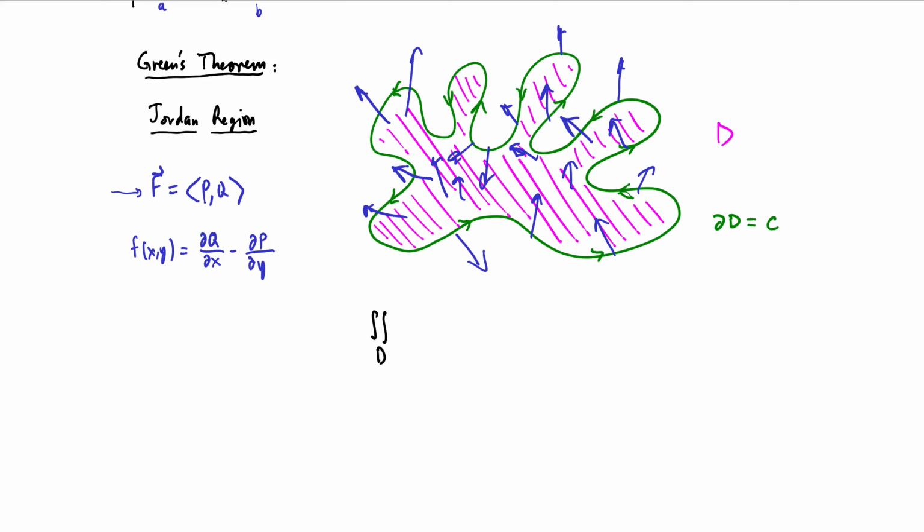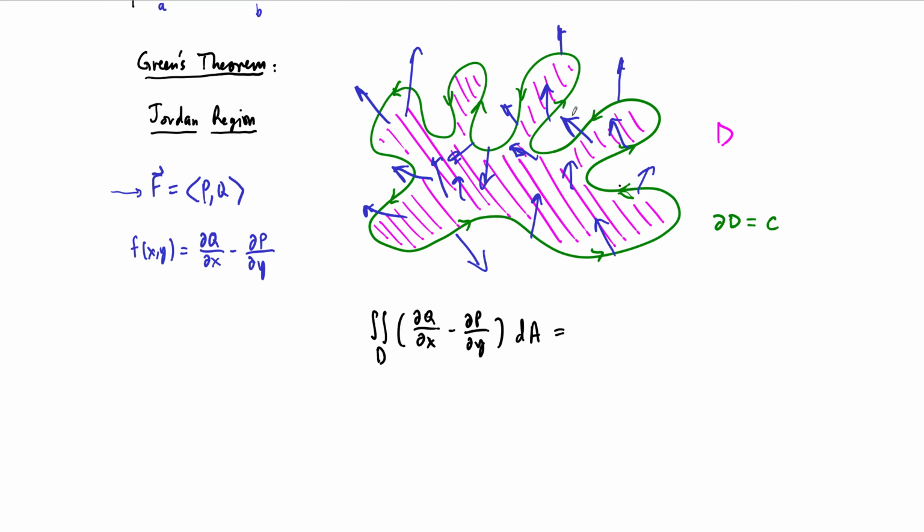If we then try to integrate that up, dQ/dx minus dP/dy with respect to area, then what Green's theorem says is that we do not have to integrate over the entire region. This region might be very complicated. Maybe the boundary is actually easier to understand. Maybe we can parameterize the boundary more easily, and maybe the vector field itself behaves in a more regular way along the boundary.